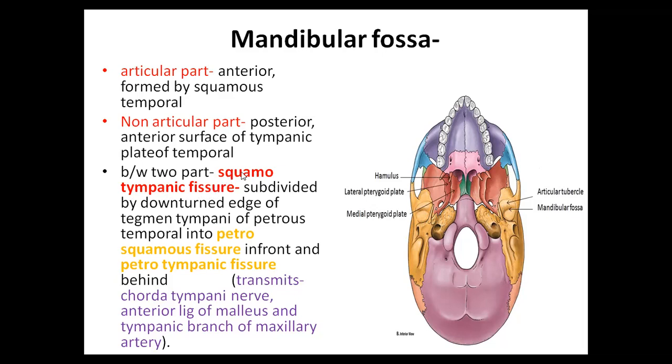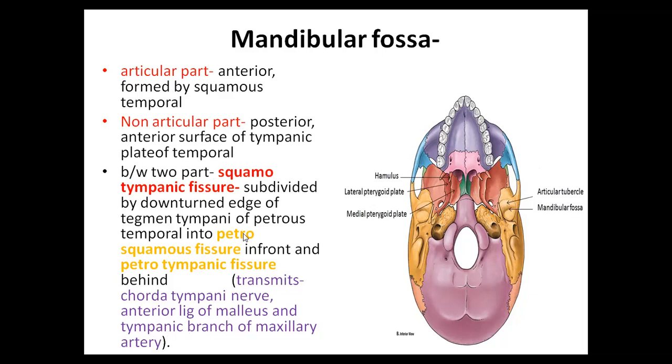Nearby there is one more fissure, which is subdivided into the petrosquamous and petrotympanic fissures, where certain structures pass, though it is such a small area. It gives passage to the chorda tympani nerve, a branch of the seventh cranial nerve, the facial nerve, the anterior ligament of the malleus that you see in the middle ear, and the tympanic branch of the maxillary artery.